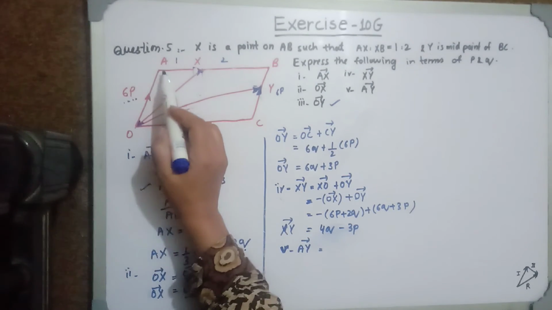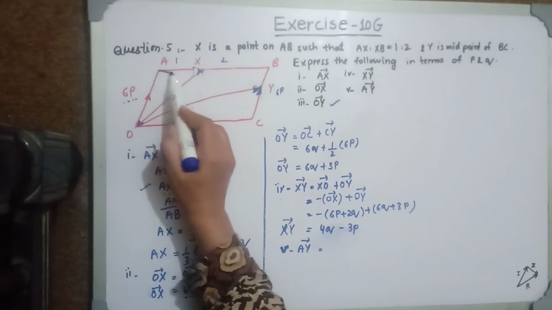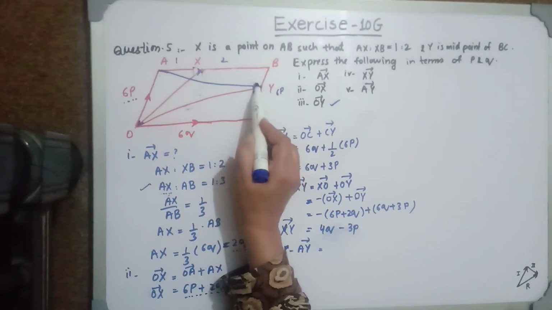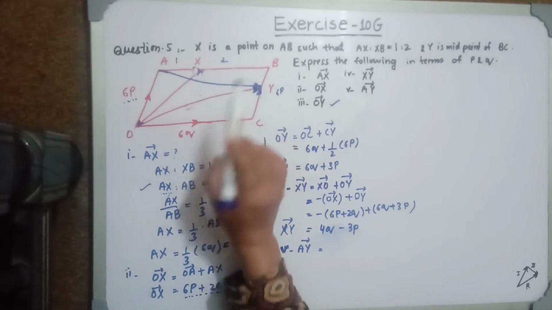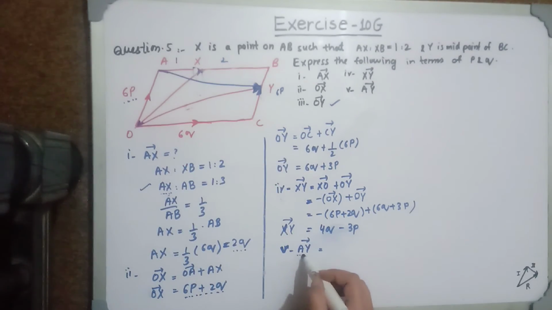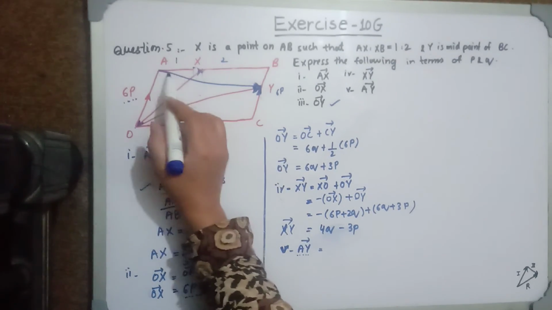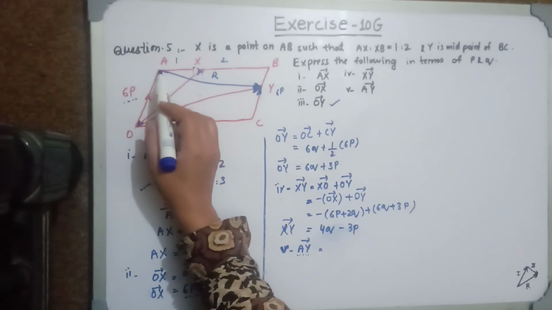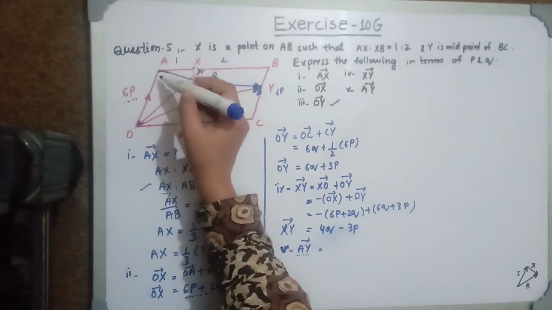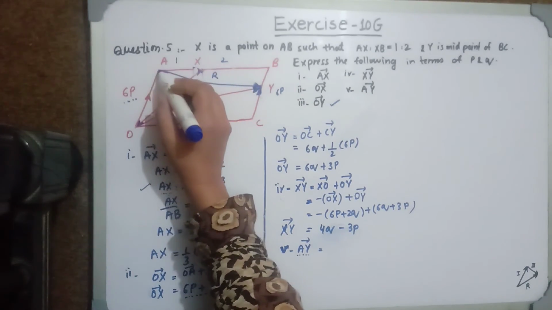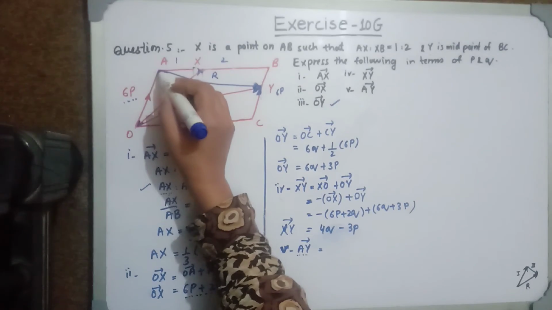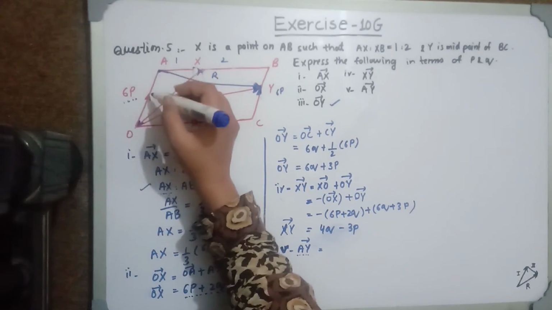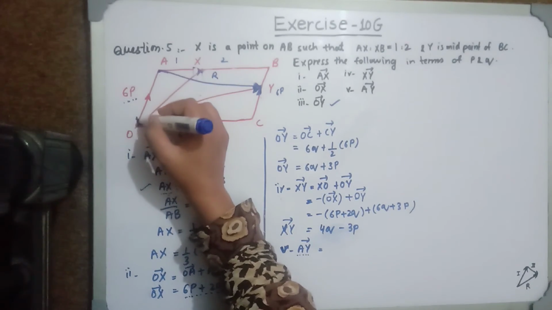So AY is going to be this vector starting from A and ending at Y. Its direction will be towards point Y, because the vector is named AY. And if this is a resultant vector, the tail of the resultant vector coincides with the tail of the first vector. So it's the tail of vector AO, and we'll take its direction from A towards O.